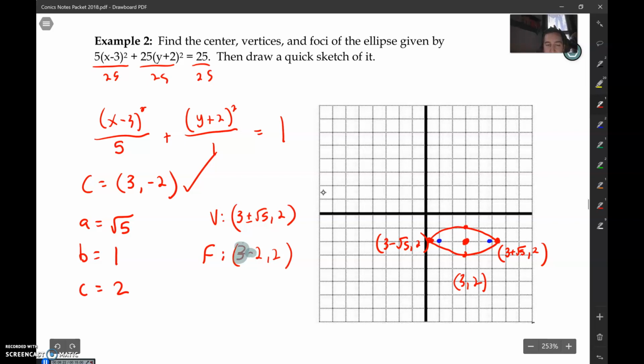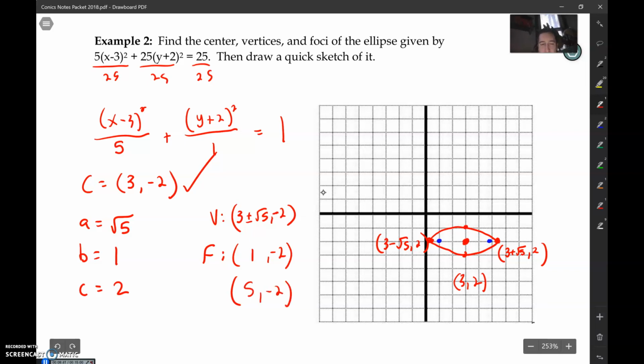Since it's not a square root, we can just solve that. So (1, 2)... sorry, these are negative on the y-axis, so (1, -2). And then 3 plus 2 is 5, so (5, -2).